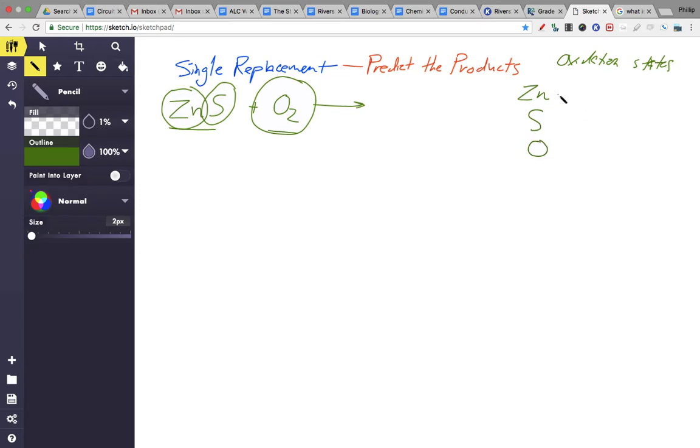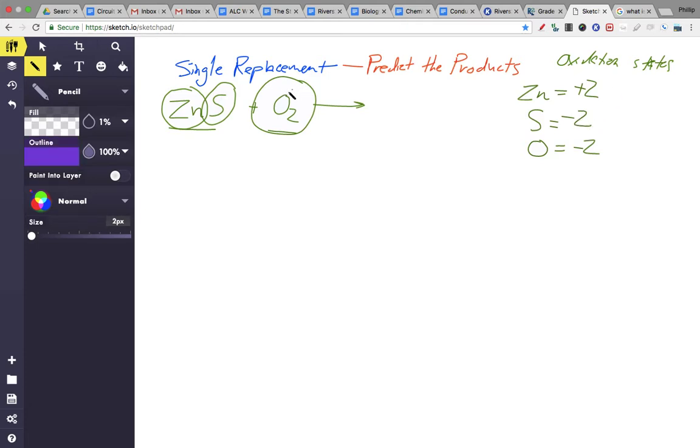And what they really mean is, if you were to break these into ions, what would the charges be if you separated these elements out? Zinc happens to be +2, oxygen happens to be -2, and sulfur happens to be -2.